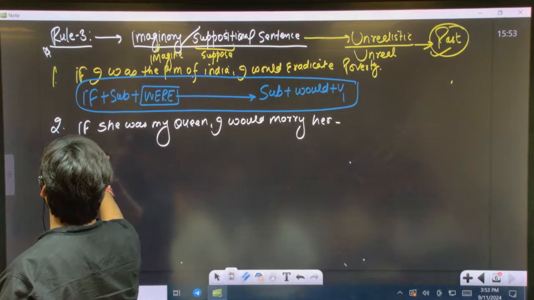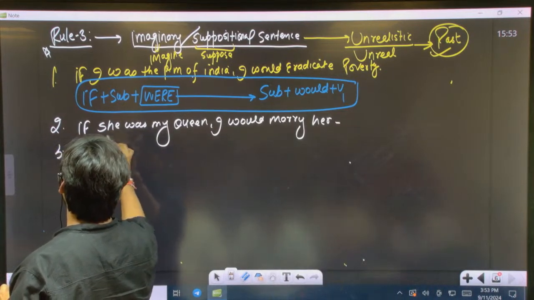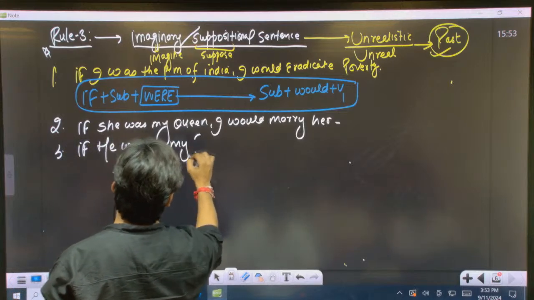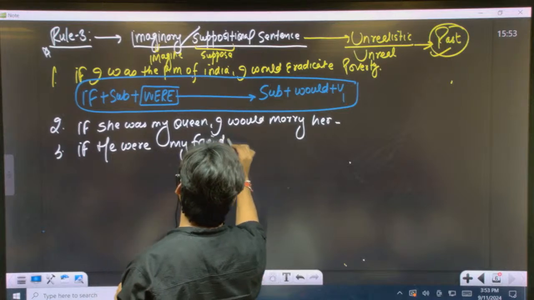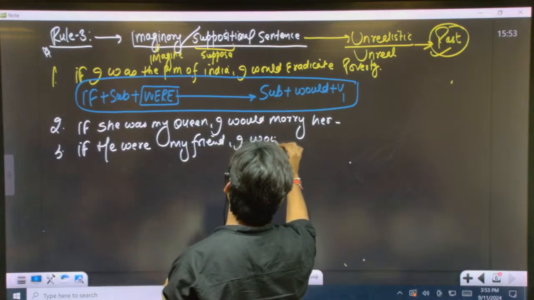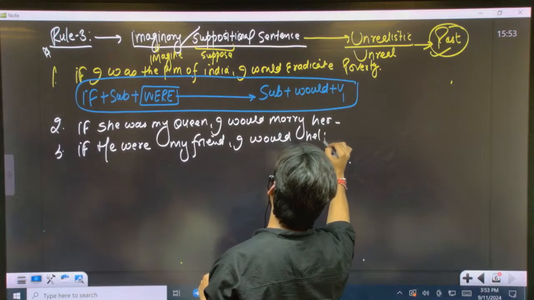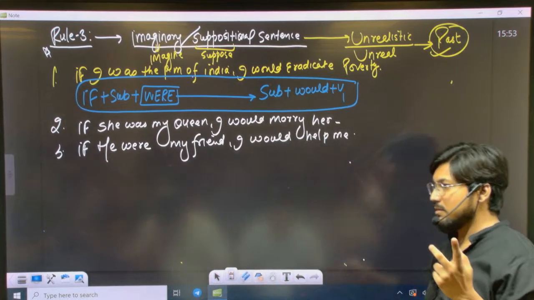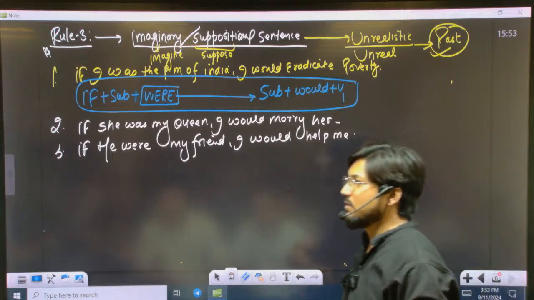Question number 3. If he were my friend, I would help him. Again, I am imagining or supposing the things.